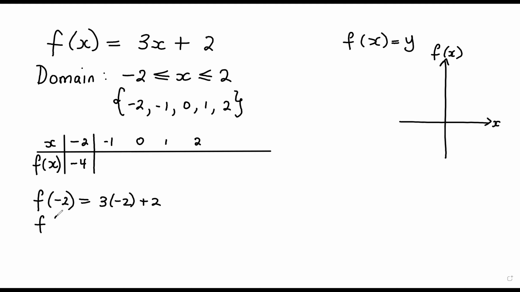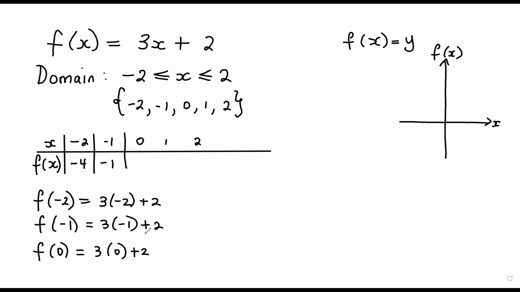When x is negative 1, my f of negative 1 value would be 3 times negative 1 plus 2. So that's negative 3 plus 2, which will be negative 1. When x is 0, f of 0 will be 3 times 0 plus 2, which is 2.